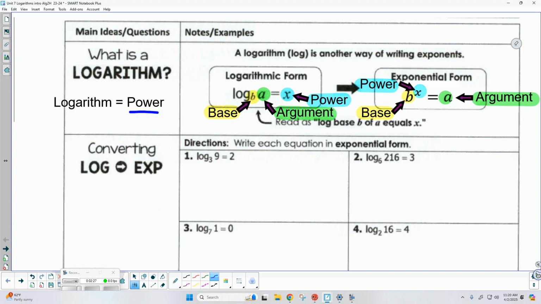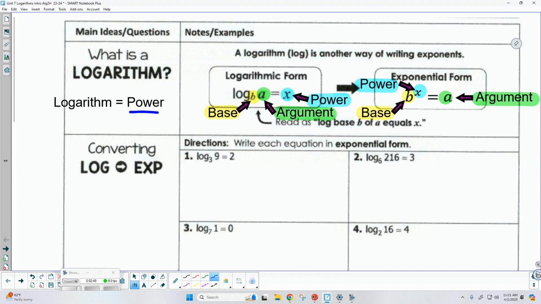Whether you're dealing with logarithmic form or exponential form, there are three parts. They have the same three parts: the base, the power or exponent, and what's called the argument. I've shown you these in both. For this first one, logarithmic form, we read it as log base b of a.